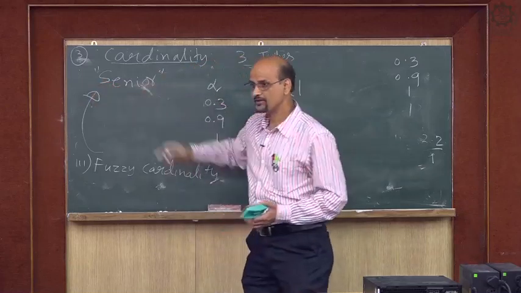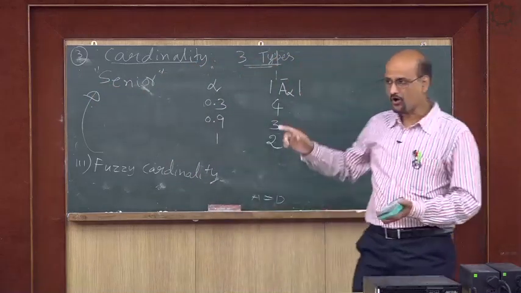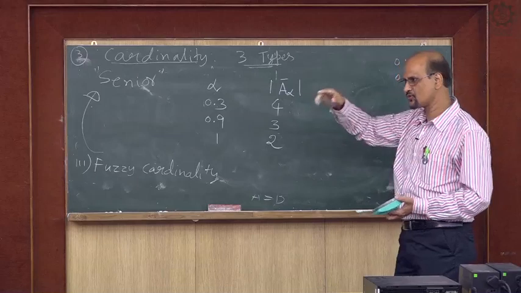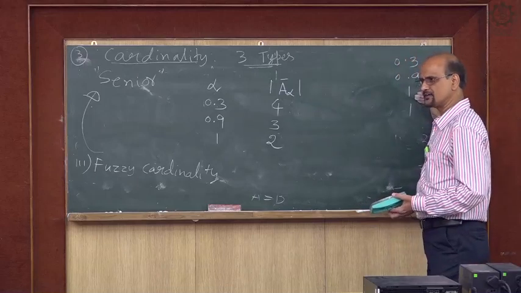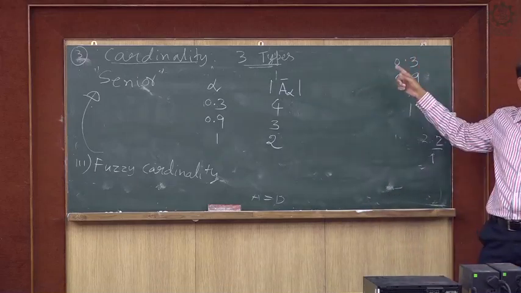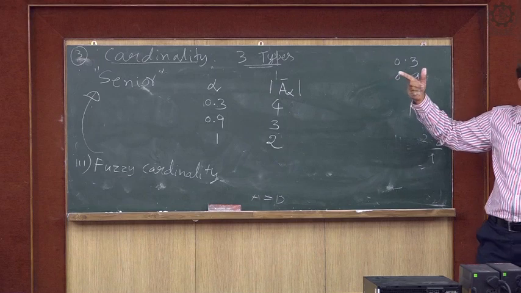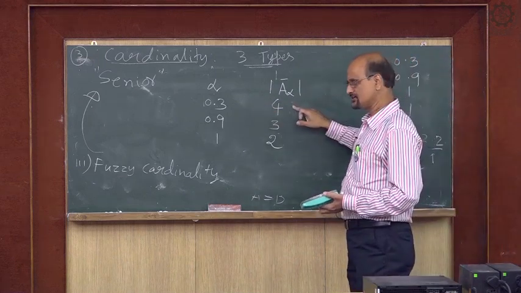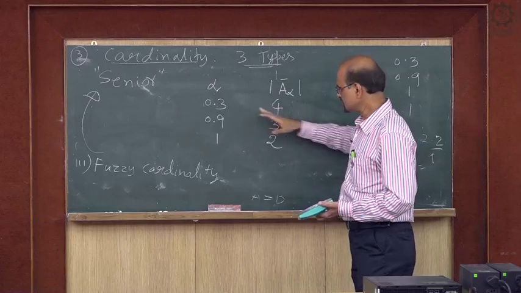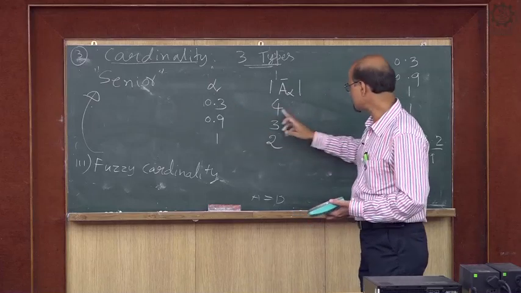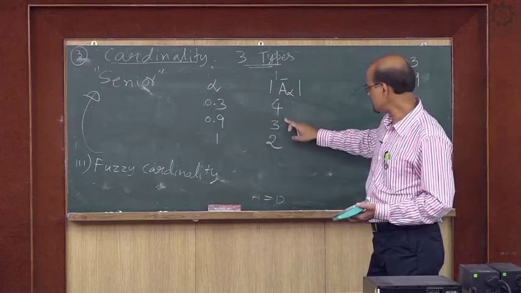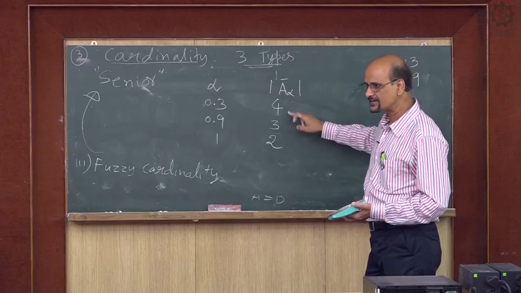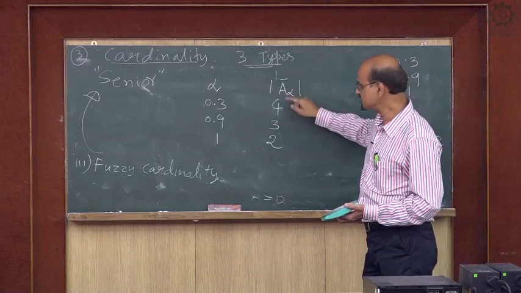For the fuzzy cardinality of senior you also have different membership values, I think 0.2, 0.3, starting from 0.2 or 0.1. So again you see for 0.2 how many are there, for 0.3 how many are there. So here only 3 elements, and corresponding to these 3 are the crisp cardinalities of these sets.